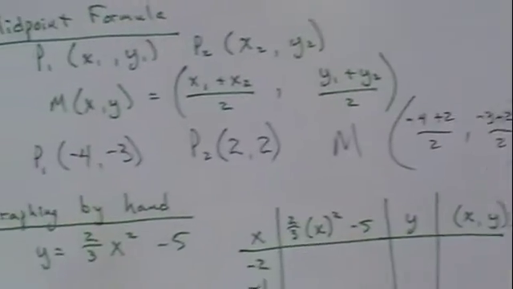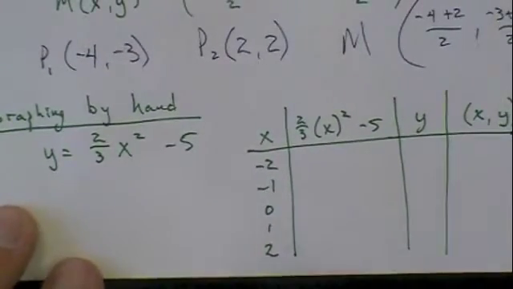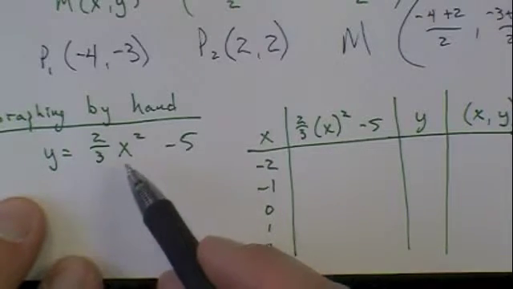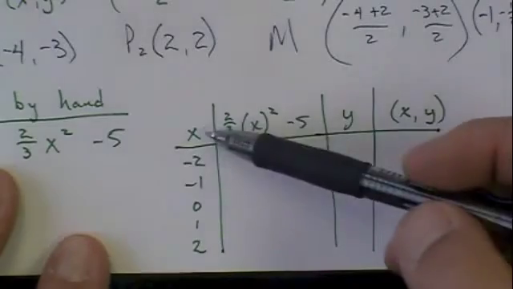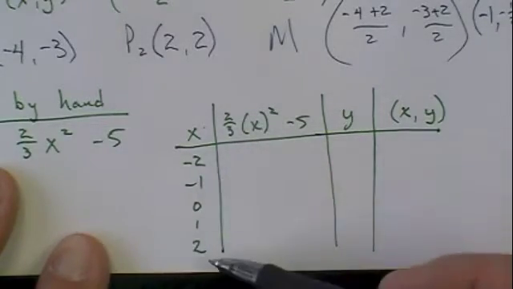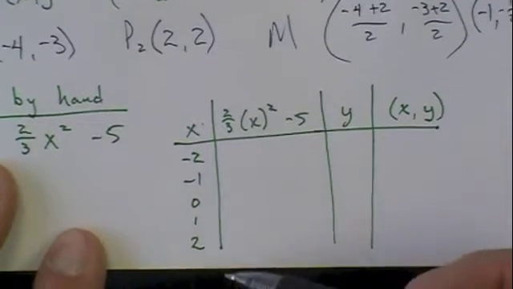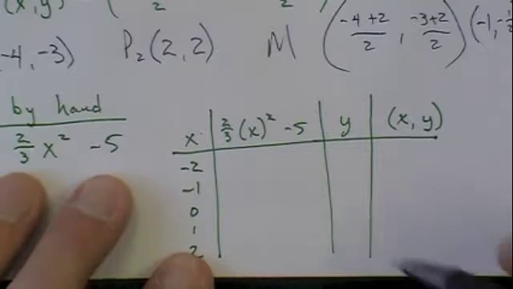The other part of this first section we're looking at is graphing by hand. So if we have an equation like y equals 2/3 x squared minus 5, and we're graphing by hand, what we want to do is just pick some values for x. And remember, anytime we're talking about a quadratic, we're going to want to pick probably 5 values to give us an idea just where that curve is going to end up.